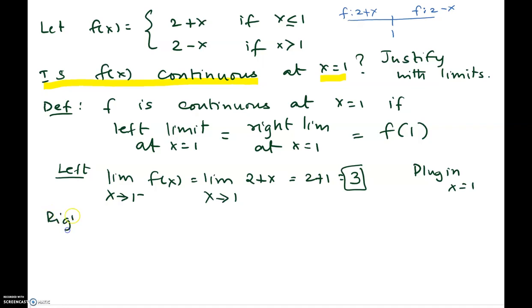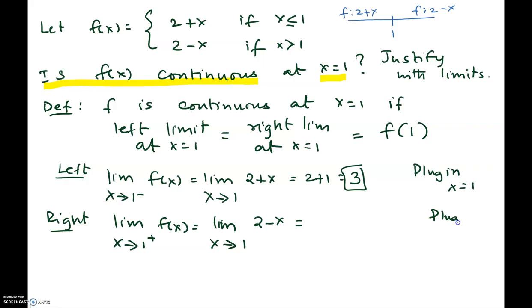In the same way, the right limit would be limit x goes to 1 plus of f of x, which equals limit x goes to 1 of the rule on the right side of 1, 2 minus x. We plug in again. The plug-in technique works as long as, when you plug in, the result is not undefined.